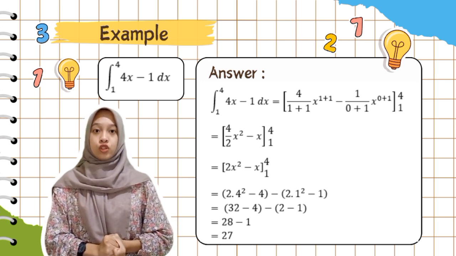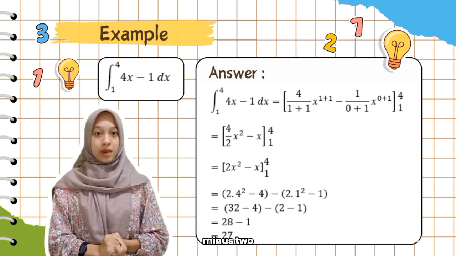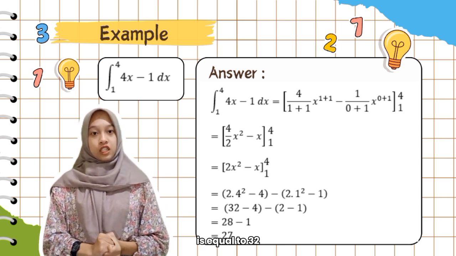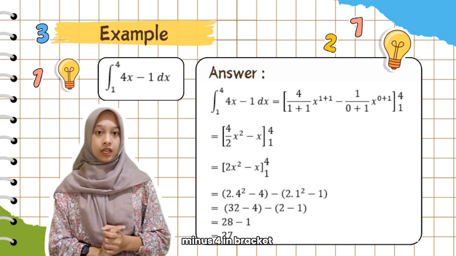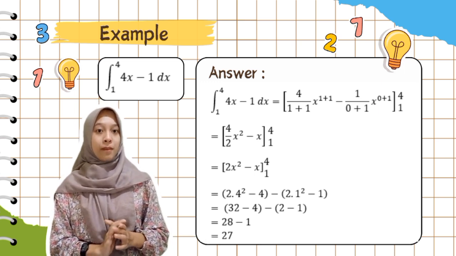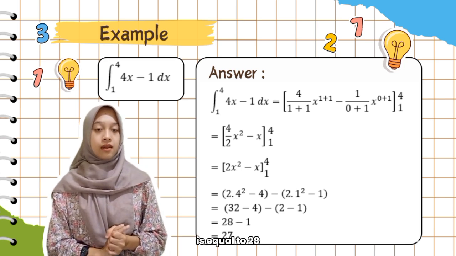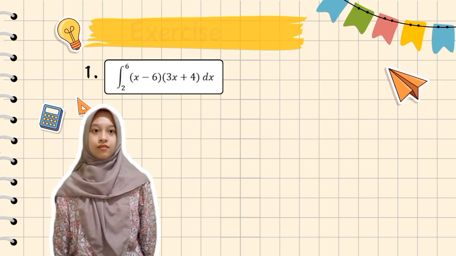That equals (2 times 4 squared minus 4) minus (2 times 1 squared minus 1), which is (32 minus 4) minus (2 minus 1), equal to 28 minus 1, which is 27.